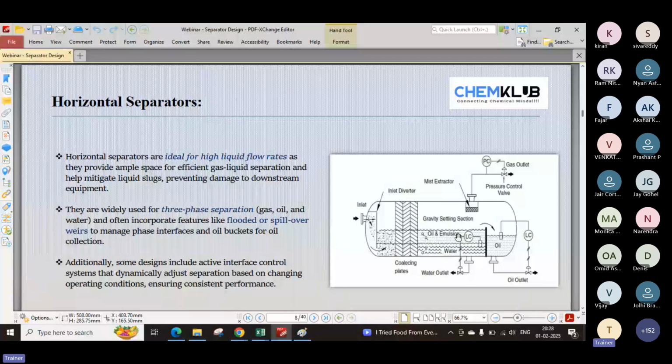The remaining volume is used to allow the separation between the lighter and the heavy fluid. However, the gas will come together. There is a mist eliminator, which is nothing but a nest of wires that reduces entrainment, and then the liquid will go back. The pressure in any separator is controlled by gas flow.